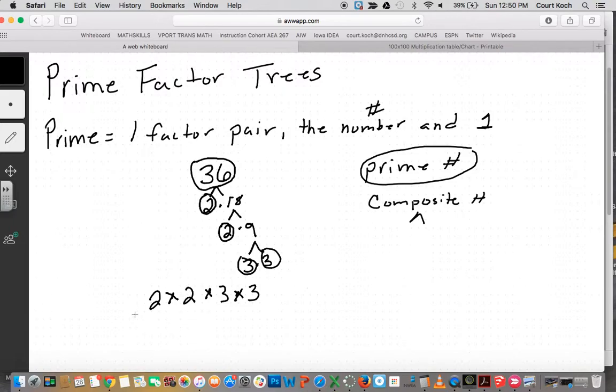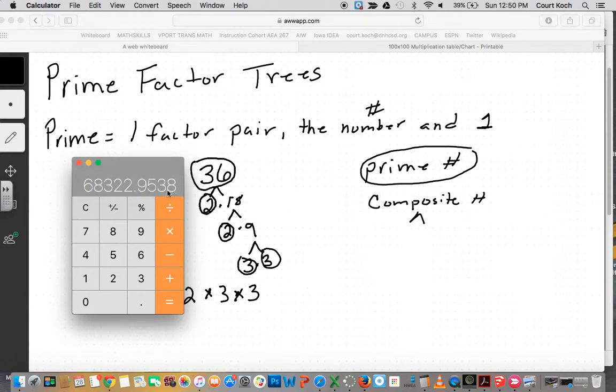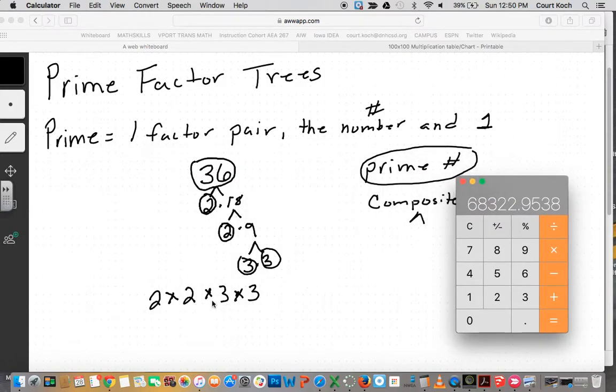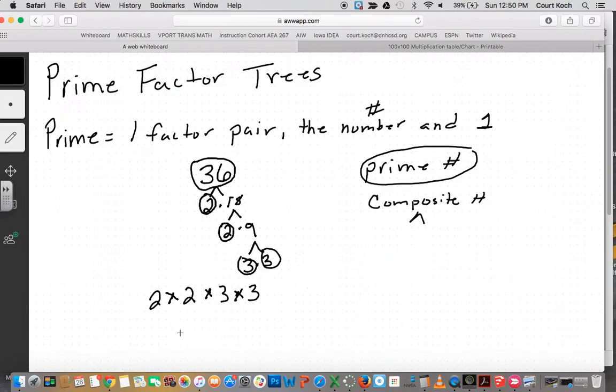If I take my calculator and plug in 2 times 2 times 3 times 3, what do you think I'll get? The original number. So we're looking for a group of prime numbers that equal 36, and we do so with prime factor trees.